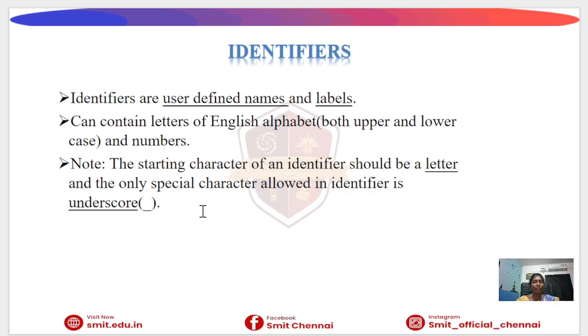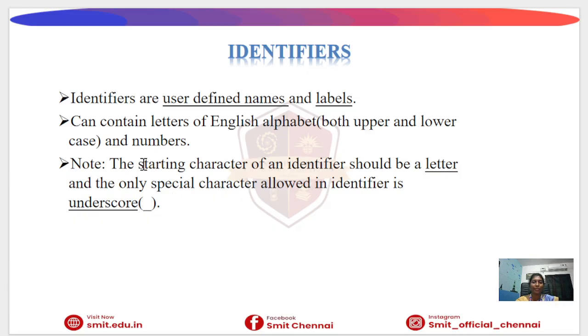Then what is an identifier? Identifiers are user-defined names, that means names given by the programmer. For example, variable names, function names, labels. Then what are the rules for that? It should start with a letter. It can contain letters and numbers.